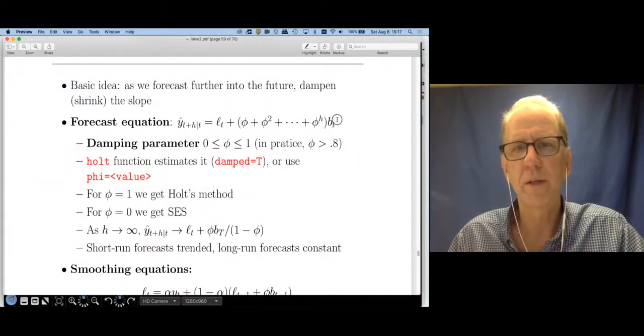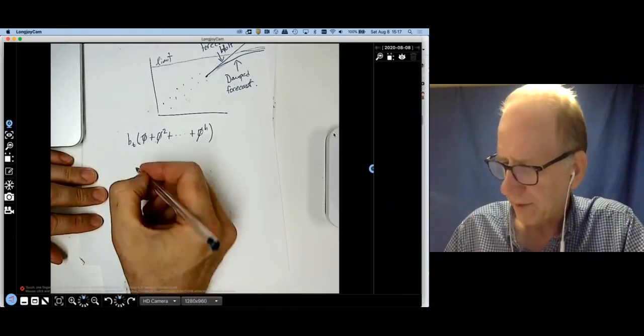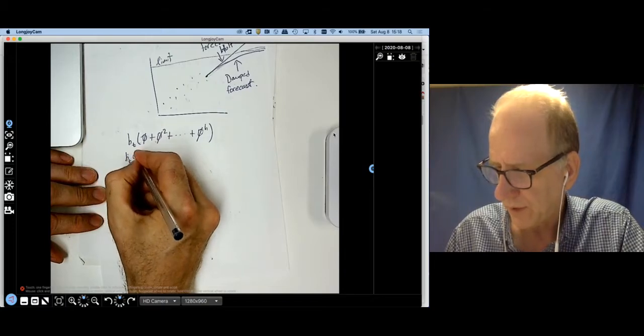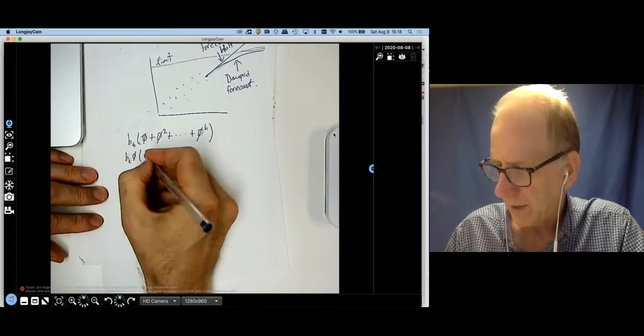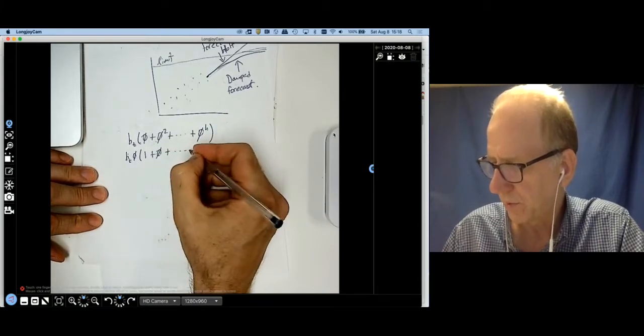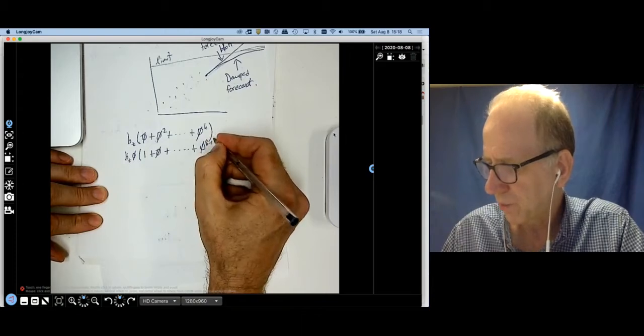And so this is this part right here. And so the question I'm going to ask is, what happens to this when h gets really big? So I'm going to factor a phi out, and so you get b_t times phi, and then you have 1 plus phi plus all the way through phi to the h minus 1 power.